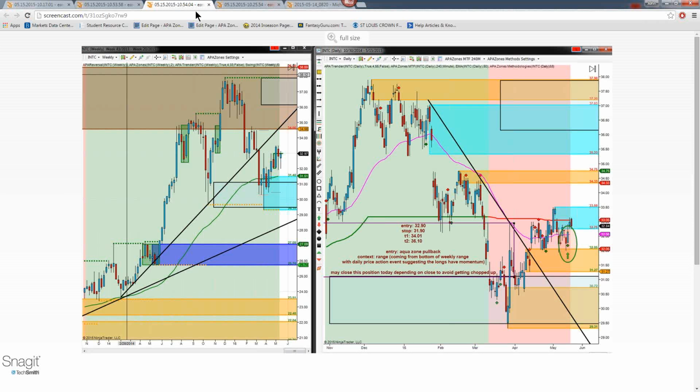That's awesome. This was probably not my most favorite entry that I took, but the context being that on this weekly, it's been green, and after having this price action event of breaking the trend line from making this higher high in the weekly zone, there's a nice quick move down to retrace this quick move up.